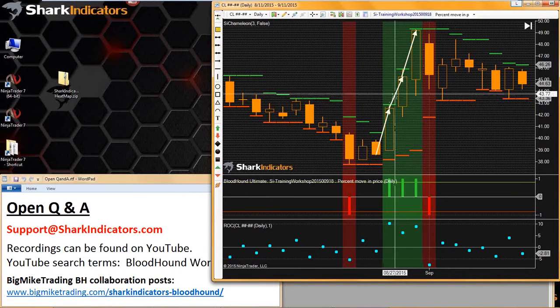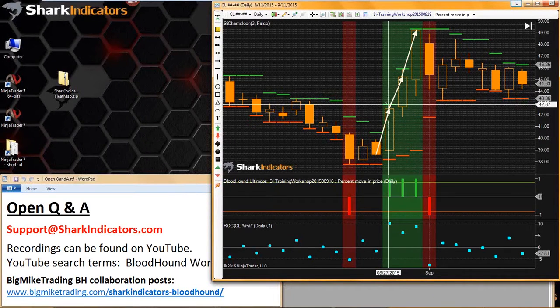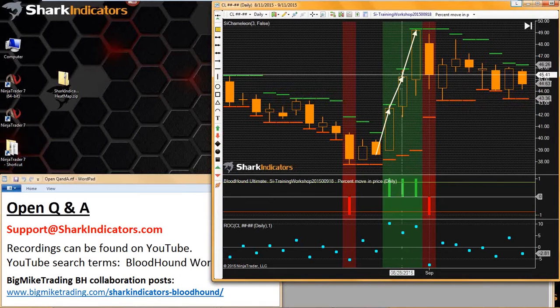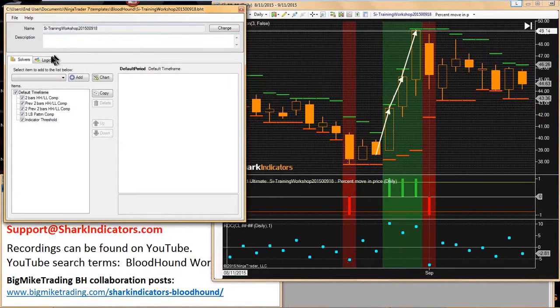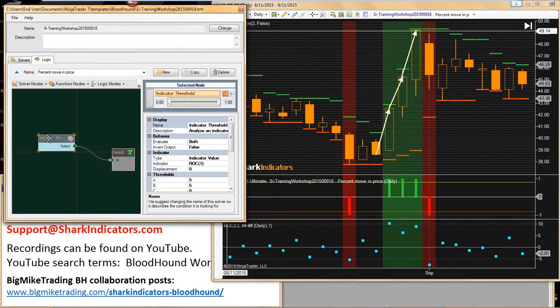If you wanted to look at, say, if the highs made a 5% move, then all we need to do, let me give this solver a name here. So we got a 5% closing price move.